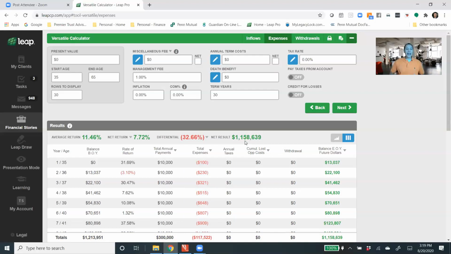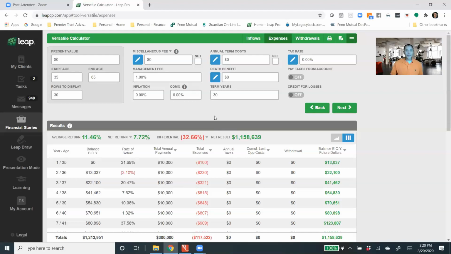And that's because there's an opportunity cost associated with the fees. Because the fees are taken from your account, they obviously stop earning for you for years. So that opportunity cost can really cause some damage to your account value. And there are a lot of other places within people's financial lives where opportunity cost can rear its ugly head.